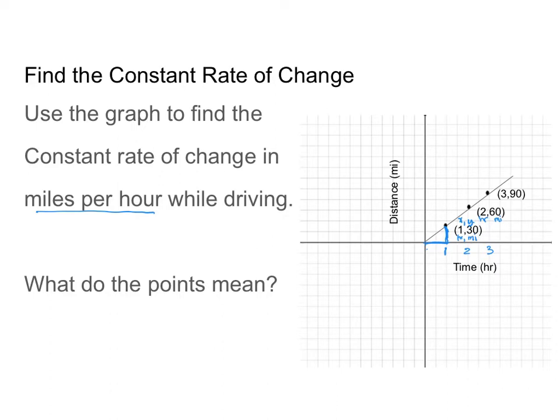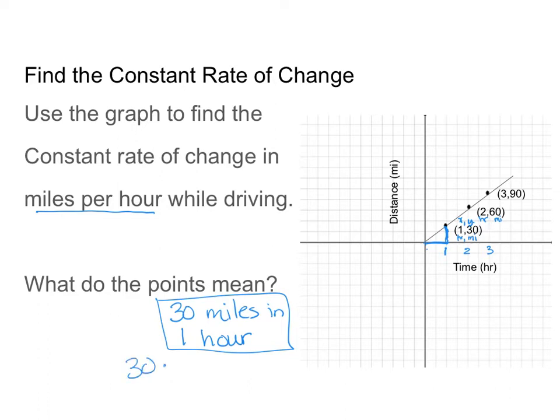So what's the rate? Well, it's going 30 miles in 1 hour, or you can say 30 miles per hour. And then we also shorten that to mph.